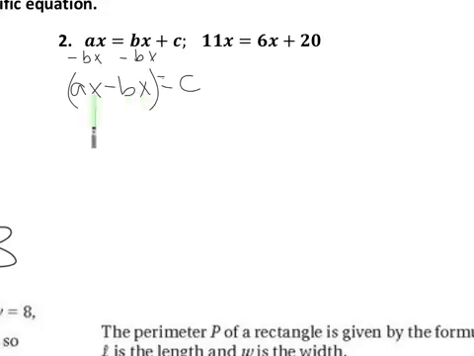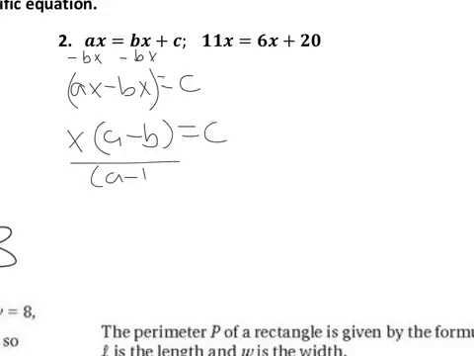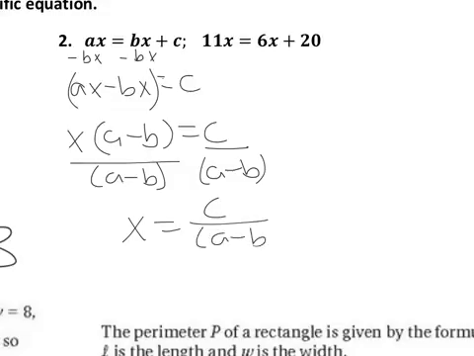So get this x out of here and pull it out, okay? So what we get is x, and then if I remove the x, I have a. If I remove the x from here, I have b. So see, I pulled the x out of here, pulled the x out of here, and I'm left with a minus b equals c. Divide by the a minus b. So you get x equals c divided by a minus b.